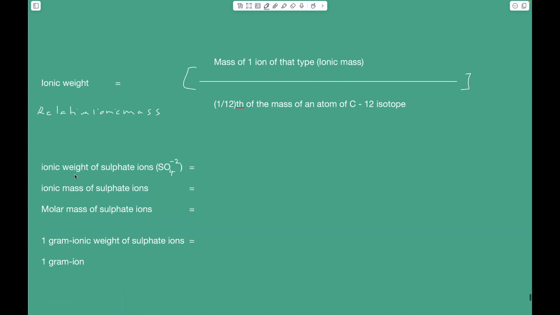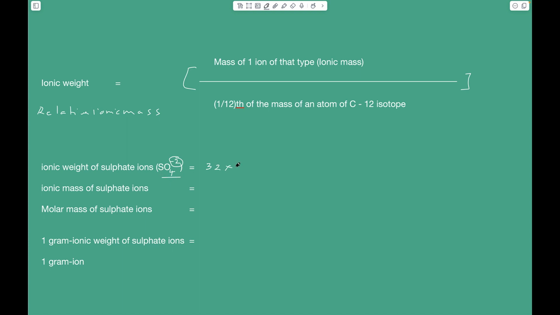Let us calculate the ionic weight of sulfate ion. This is the formula of sulfate ion. It is composed of 1 sulfur atom and 4 oxygen atoms. And for all practical purposes, you can ignore this negative charge present on the sulfate ion while calculating its ionic weight. And the atomic weight of sulfur is approximately 32, and the subscript of sulfur here is 1.